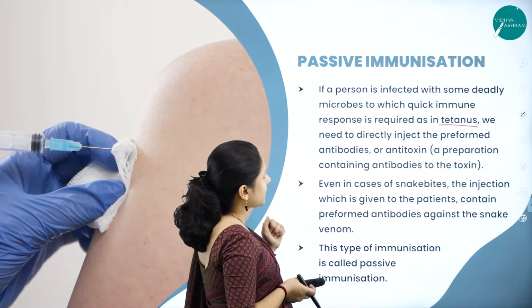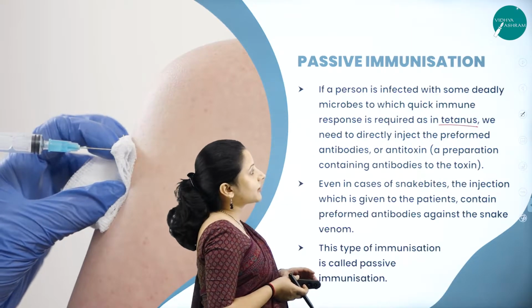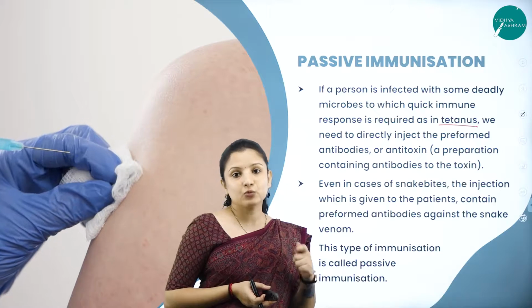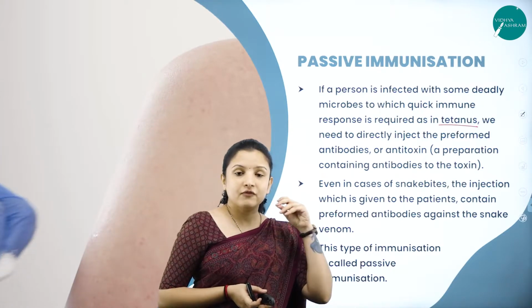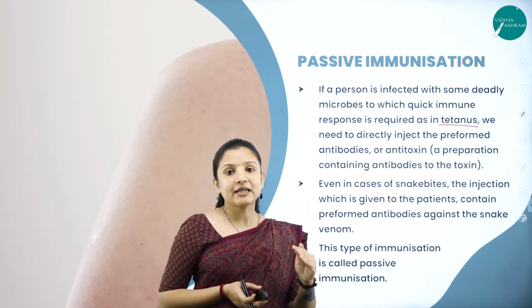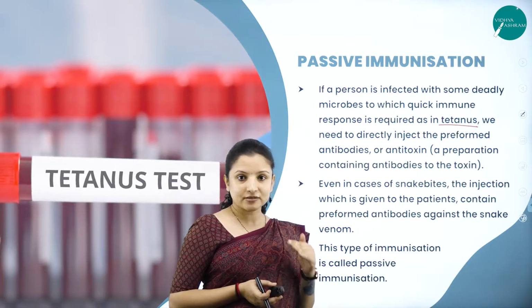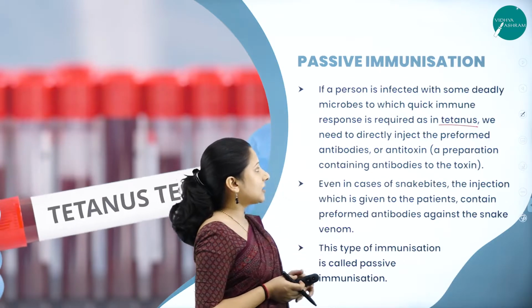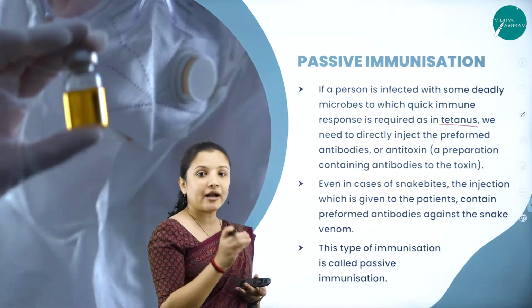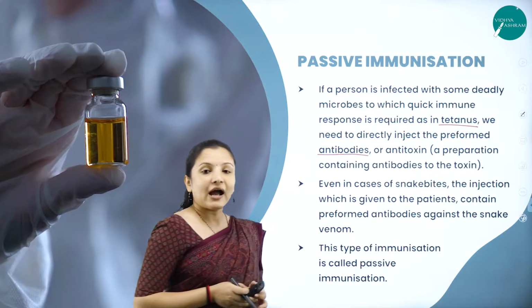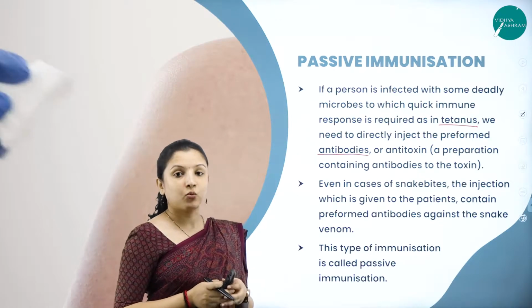So if a person is infected with tetanus, the immune system will have to work very quickly to eradicate the tetanus causing bacteria. Here, directly the antibody or an antitoxin should be injected. Why?